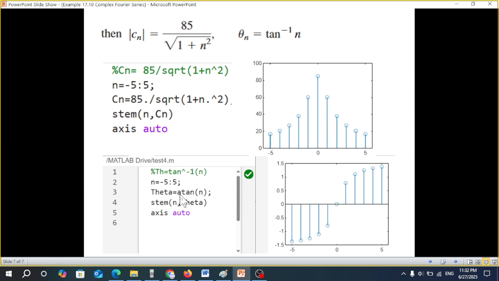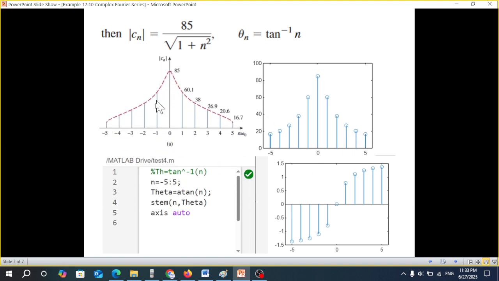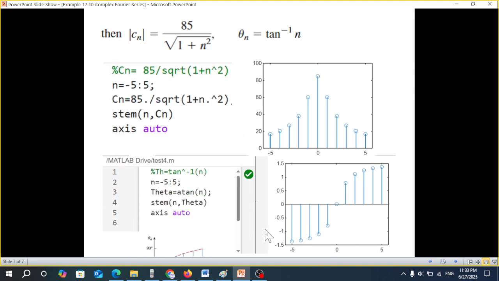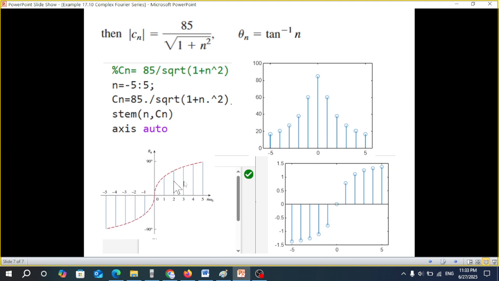Rather there is a MATLAB command called atan. atan of n, and then same way stem of the variable n and then theta, and the plot will be like this here. So this is how you can get the plot. Now just for your reference, this is the plot given in the book. So it's quite similar to what we have got. And similarly, the plot for angle in the book is this one, which is also matching what we found.